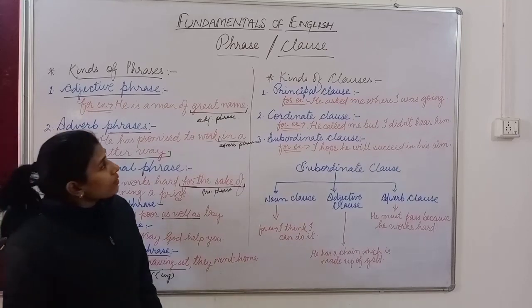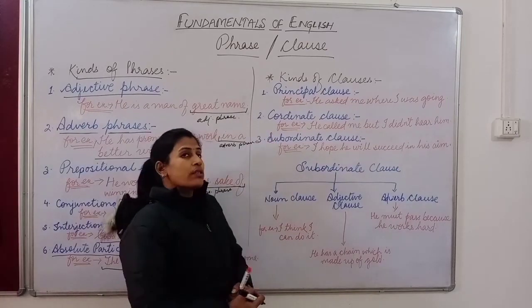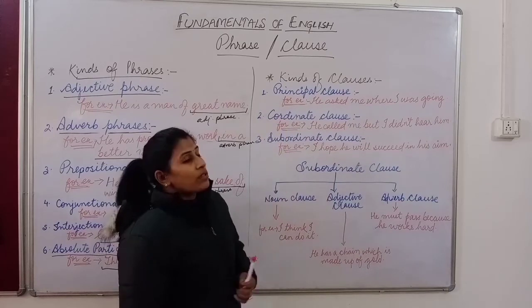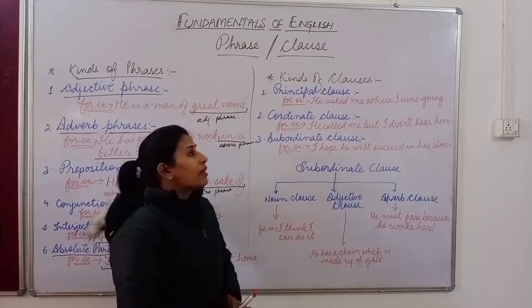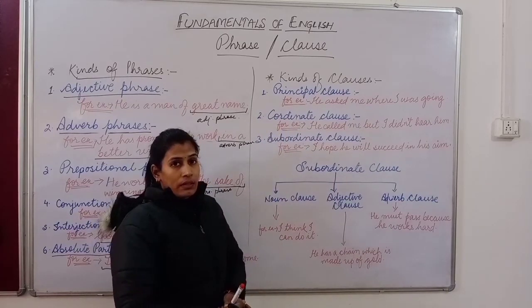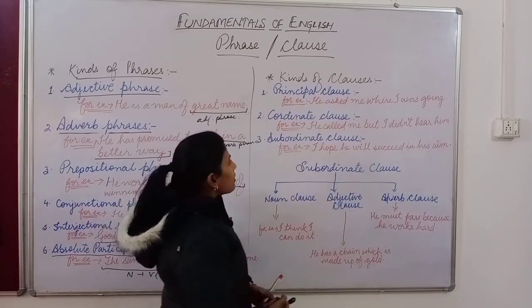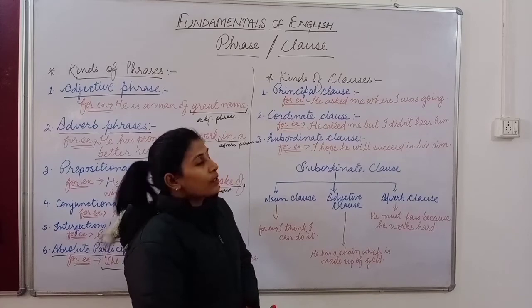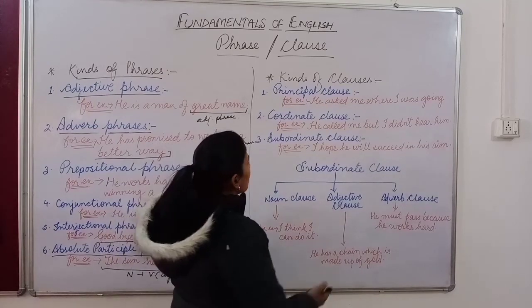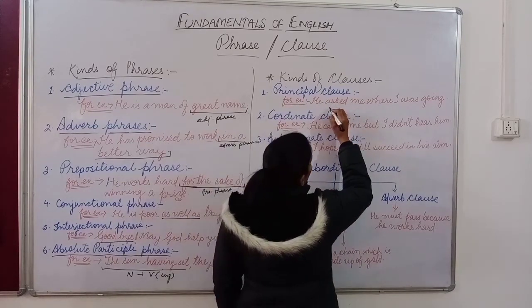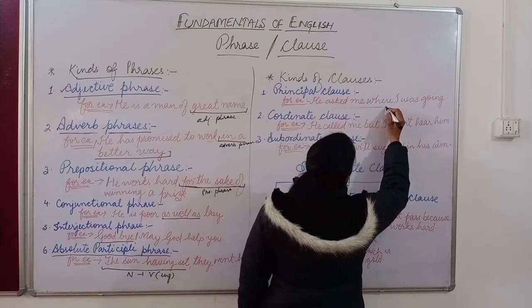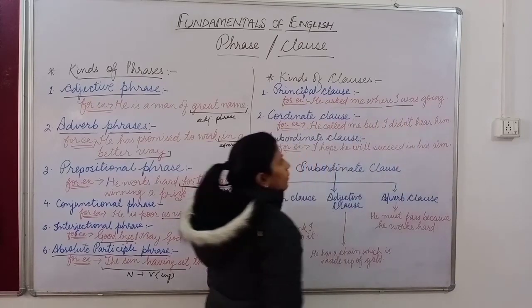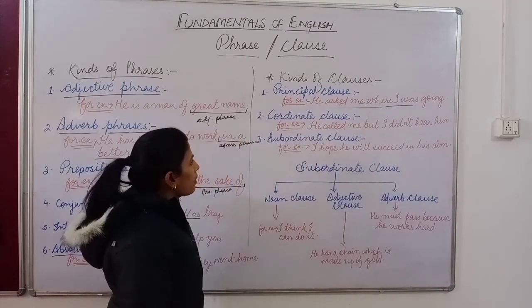Now come to the kinds of clauses. Principal clauses. Principal clauses are independent clauses. For example, he asked me where I was going. In this sentence, it is denoted that someone is asking me where I was going.